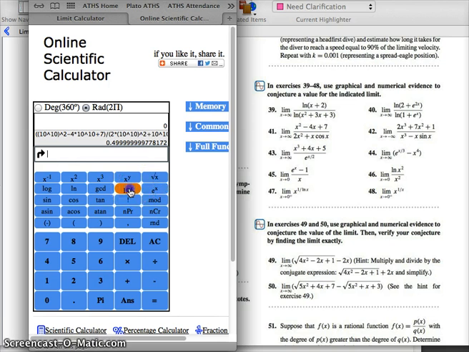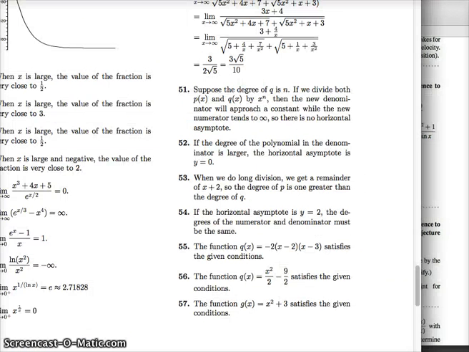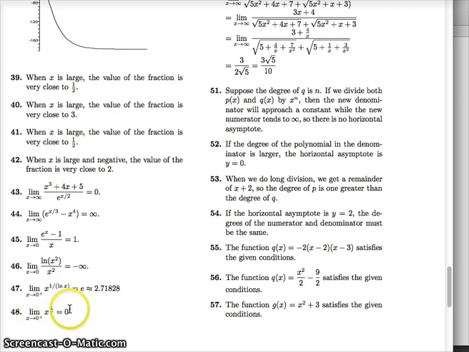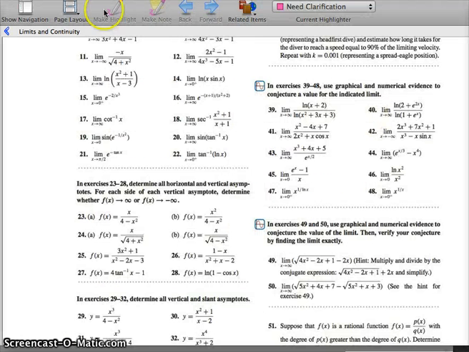That might be 10 to the negative 10th, raised to 1 divided by 10 to the negative 10th. Let's see what happens when I do that. I get 0. Let's see if that's correct for number 48. And sure enough, that limit is 0.